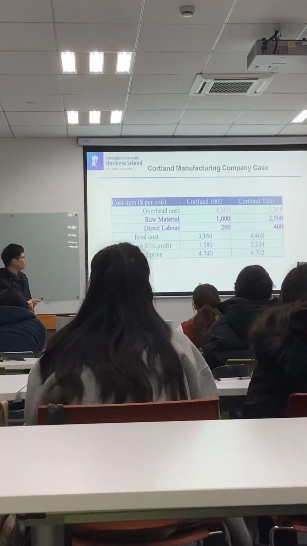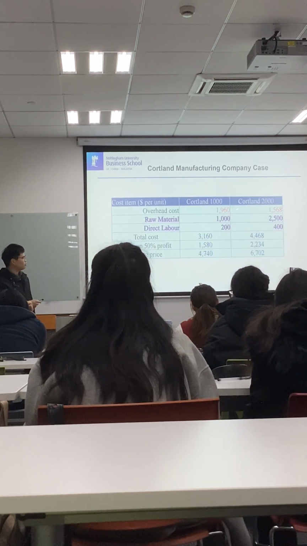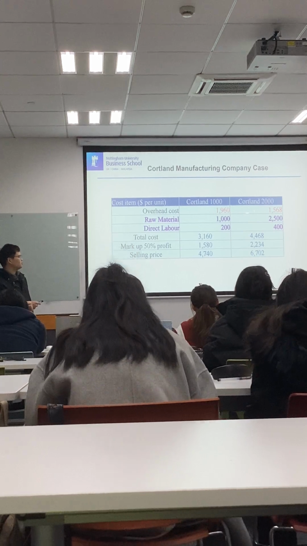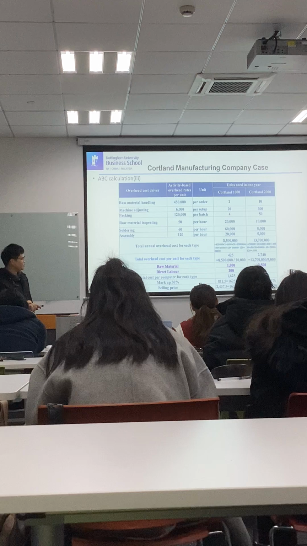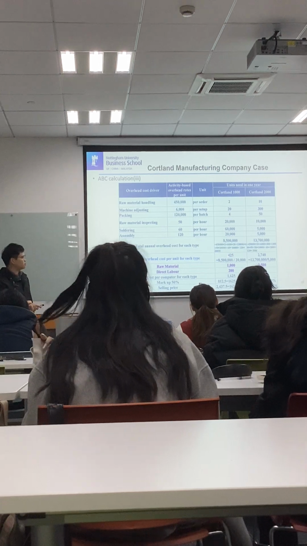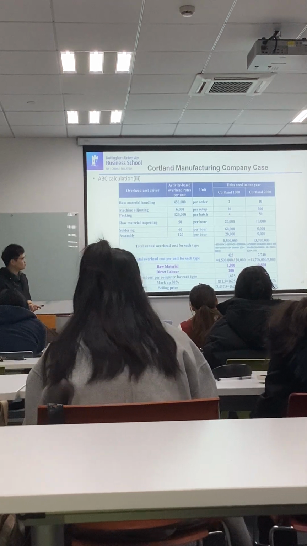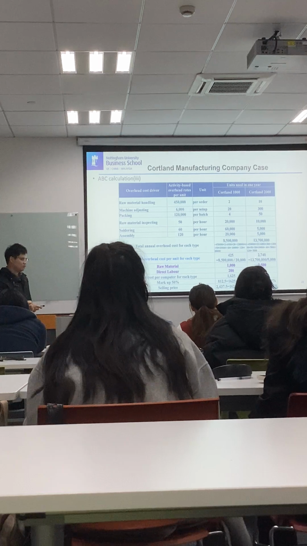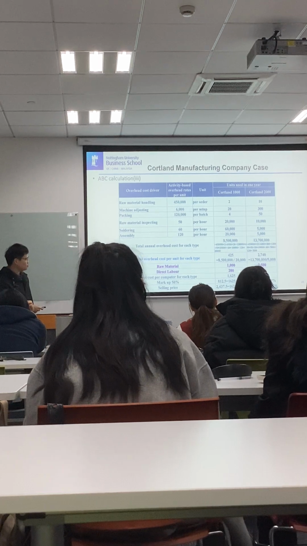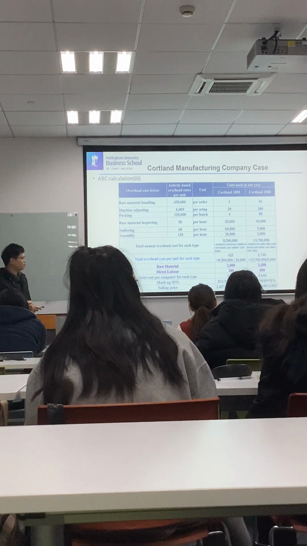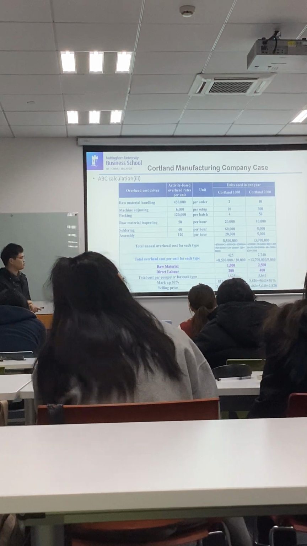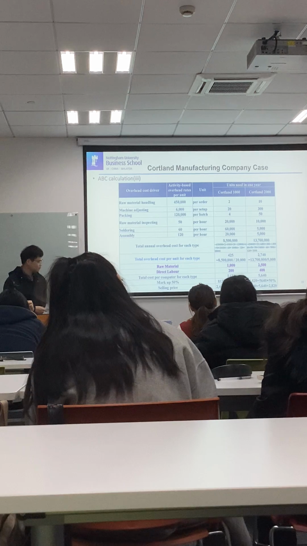Okay, so this result is much different from the previous one, right? Because the overhead costs were quite close, right? Of these 2 types. But after we use ABC calculating, we find this only costs 400, but this costs nearly 3000, right? And also, if we add the raw material and the direct labor, we will have the total production cost for each type of product.